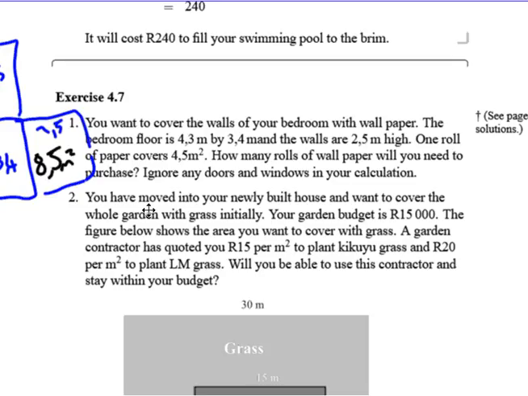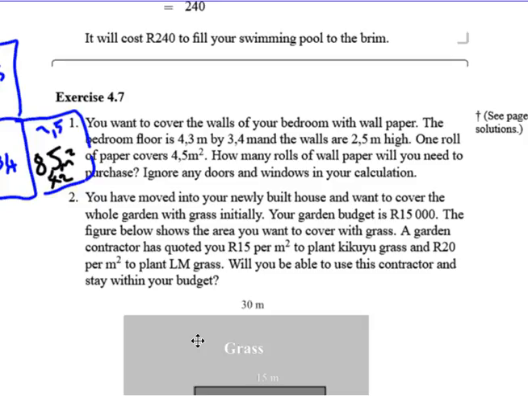Now, because this wall along the left and this wall along the bottom of my picture are both identical in length and height to the 2 walls I've already done, I can work them out and then add them all, or I can just times that by 2 and times that by 2. It's totally up to you.